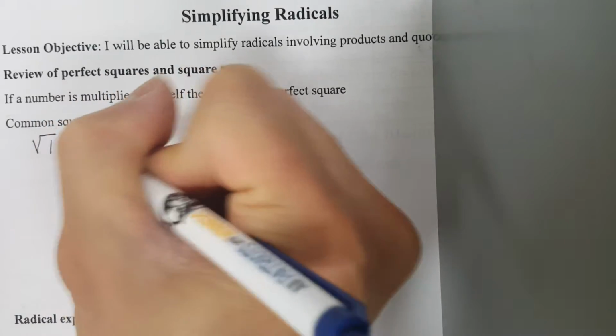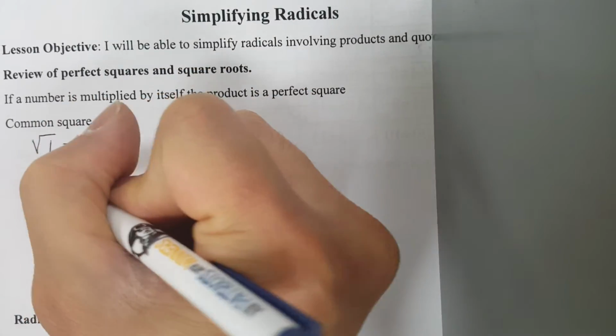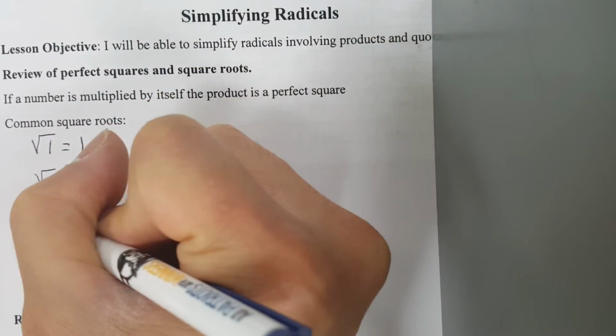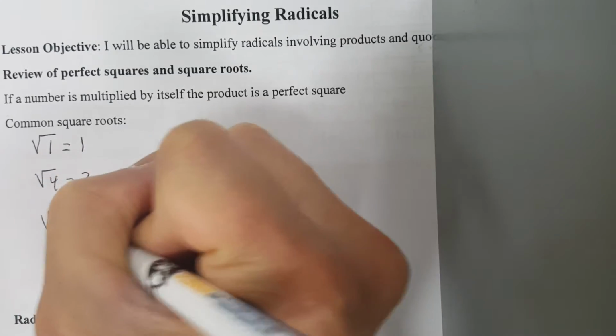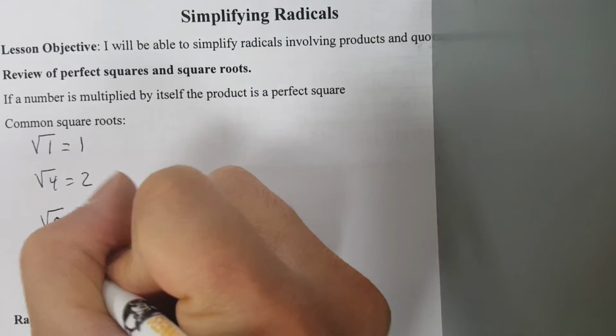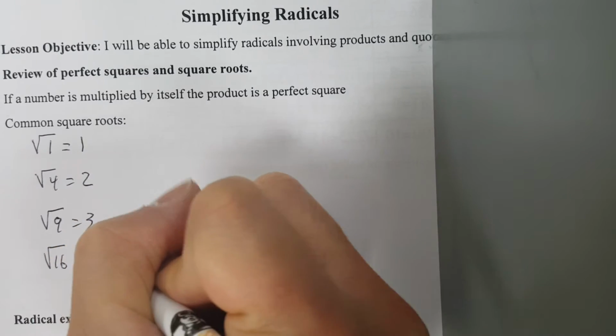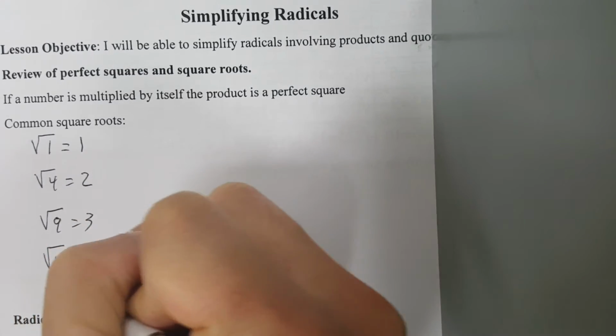The square root of 1 is 1. The square root of 4 is 2. The square root of 9 is 3. 4 times 4 is 16. 5 times 5 is 25.